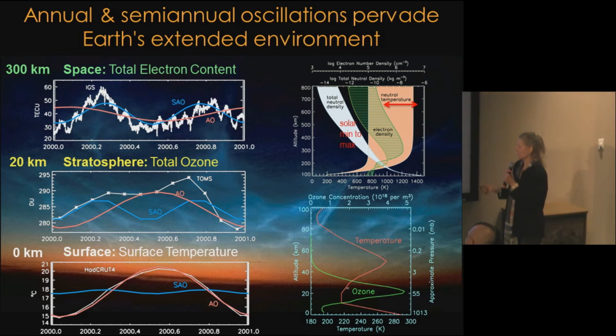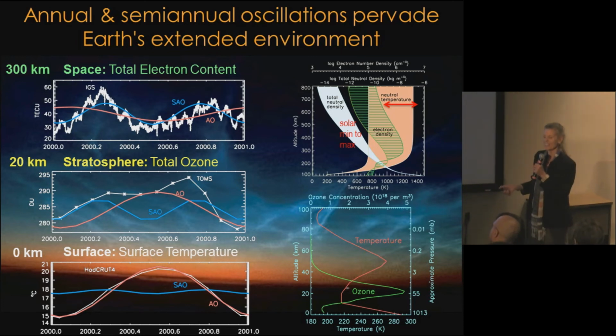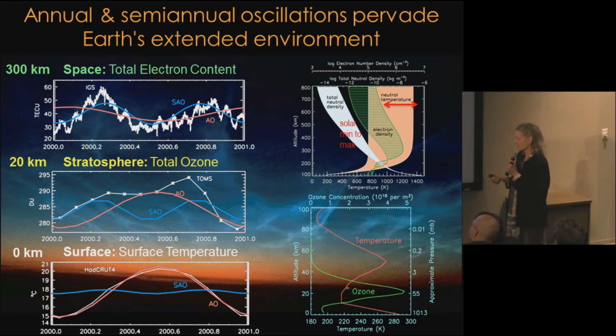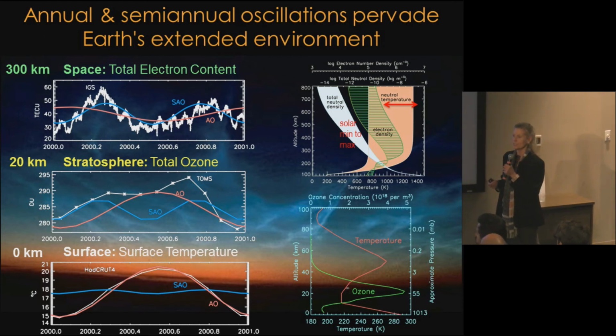And that signal that I've shown you here persists, and it actually matches the semi-annual oscillation in the received solar radiation. So our understanding is that the semi-annual oscillation exists in all these terrestrial variables because the Earth has an inclination to its rotation axis, and that produces a semi-annual oscillation in the received radiation.